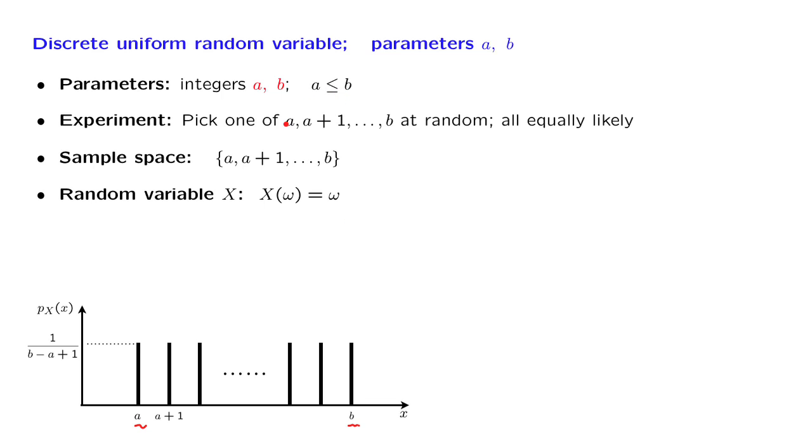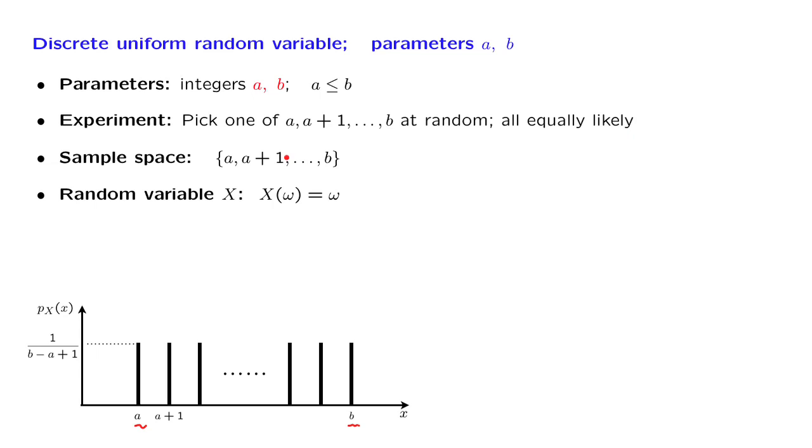We're thinking of an experiment where we're going to pick an integer at random among the values that are between a and b, with the endpoints a and b included. And all of these values are equally likely.